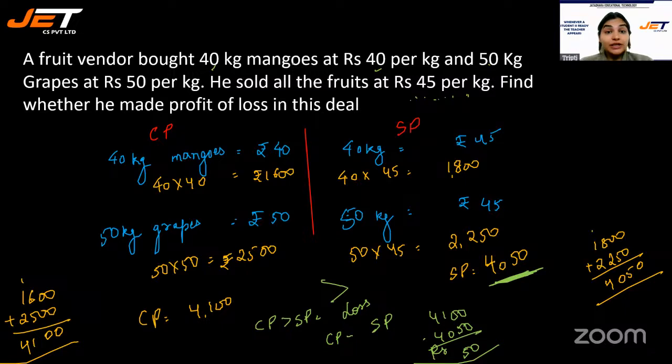It seems like you have increased 5 rupees in mangoes and decreased 5 rupees from grapes, so it seems equal. But children, if you notice here, grapes are 50 kilograms. There is a difference of 10 kilograms in grapes and mangoes, and 5 rupees. 10 fives are 50. We can easily see the loss here, 50 rupees.